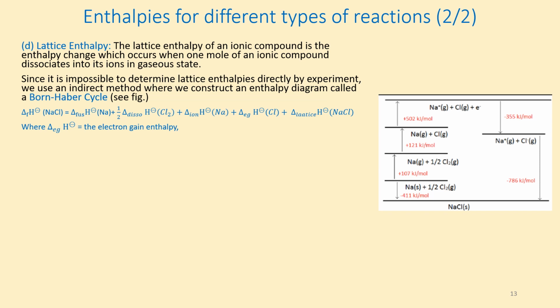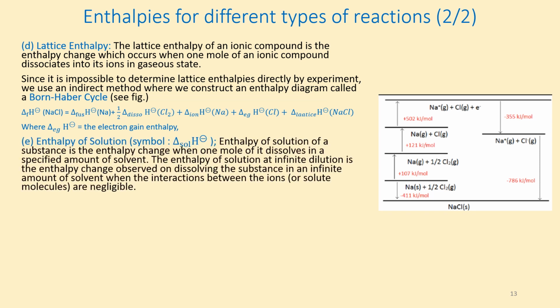It is called electron gain by the chlorine atom. The electron gain enthalpy delta eg H naught is equal to minus 348.6 kilojoules per mole. So we have learnt about ionization enthalpy and electron gain enthalpy in our unit 3.